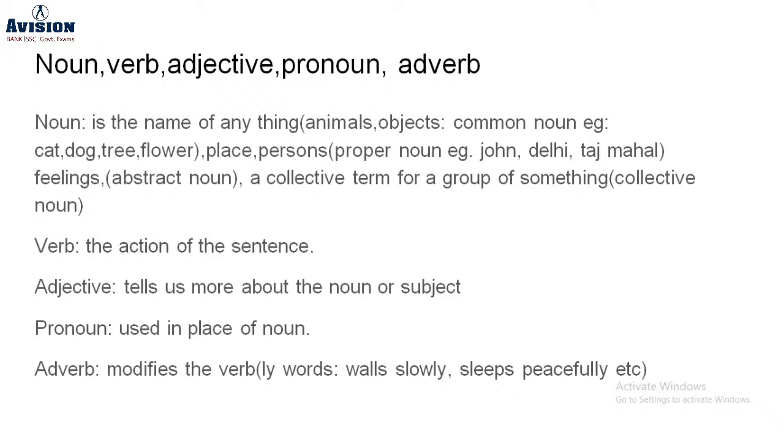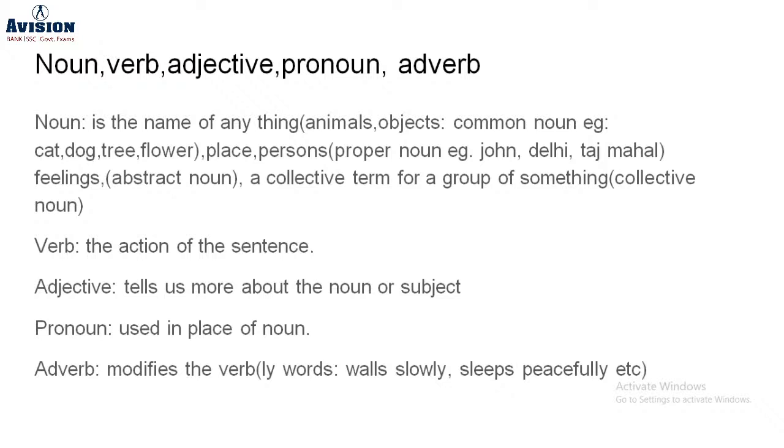So, as I said, walks is the verb of this sentence, telling you the action. Next, we come to adjective. Adjectives tell you more about the noun or the subject. It qualifies the noun, right?